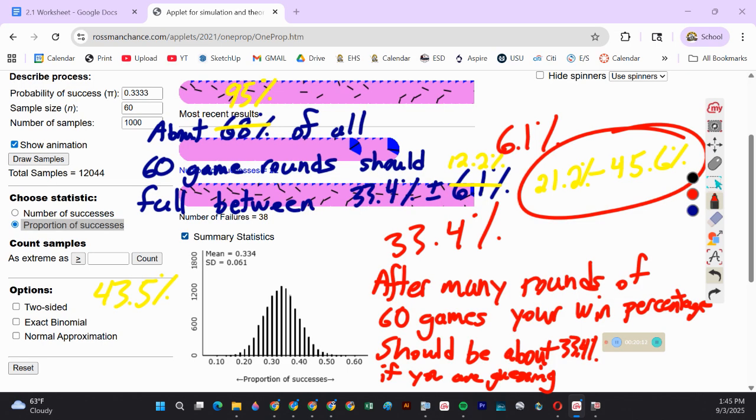So, does this number support the claim that you can read your opponent? No, it does not. Okay? And no is never enough in stats. You have to say no, 43.5% is well within the 2 standard deviation range.